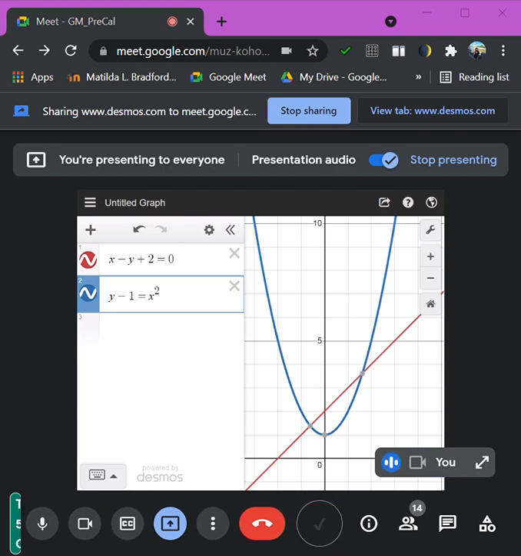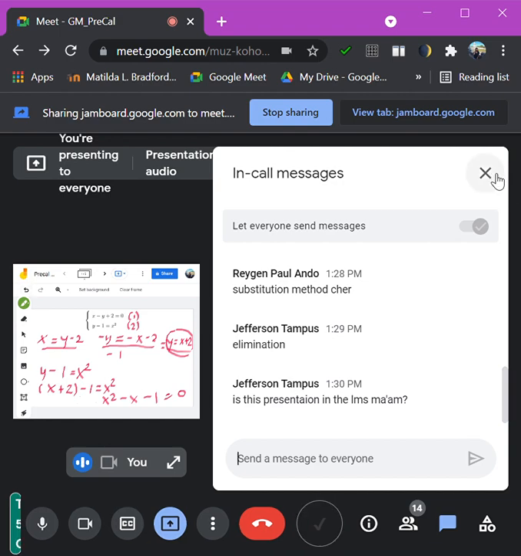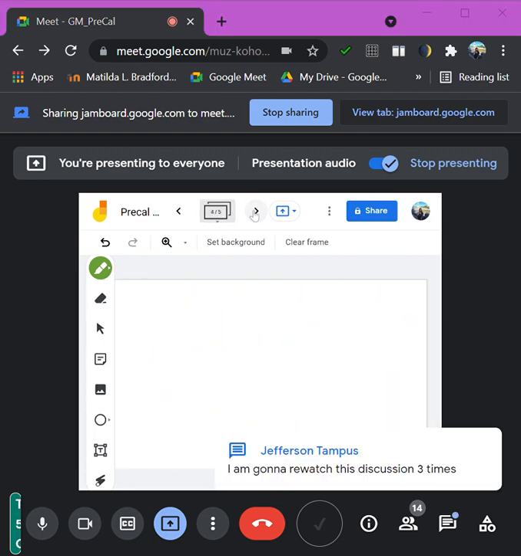Okay, so any questions, clarifications, violent reactions? You can ask. None. Understood. So this nonlinear class is really a long process. Okay, so now let's go to our second example.